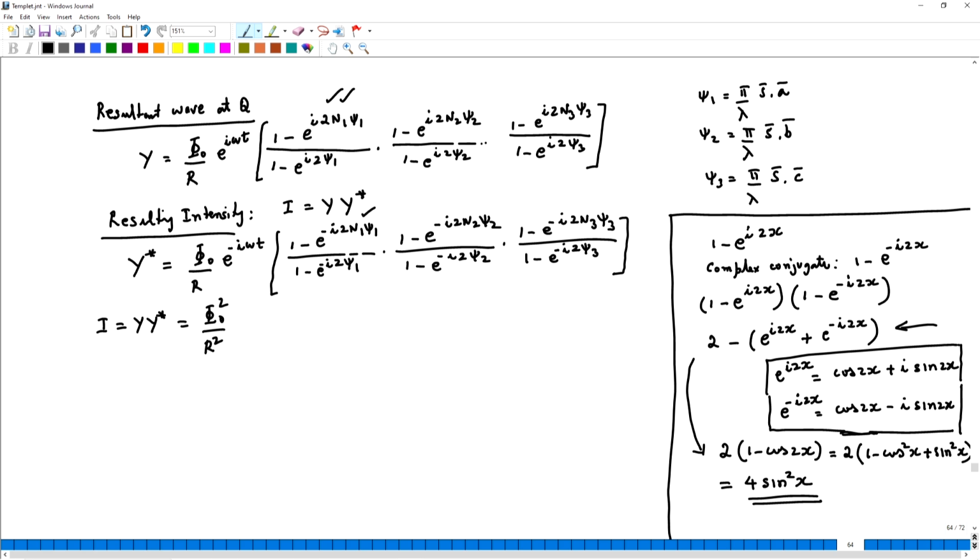If we do that, multiply the numerators and multiply the denominators. Here in the numerator x is simply n1 psi 1. Therefore, I will get 4 sine square n1 psi 1. Denominator would simply be 4 times sine square psi 1. Now, the 4's will get cancelled.